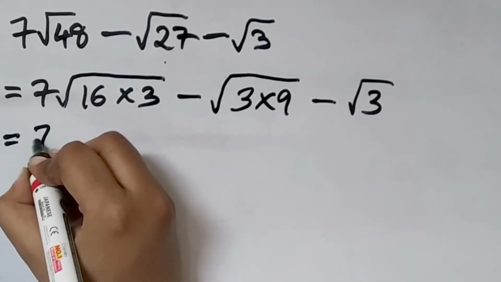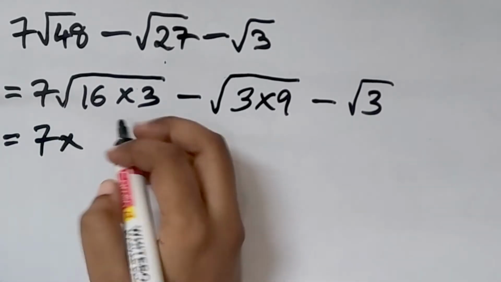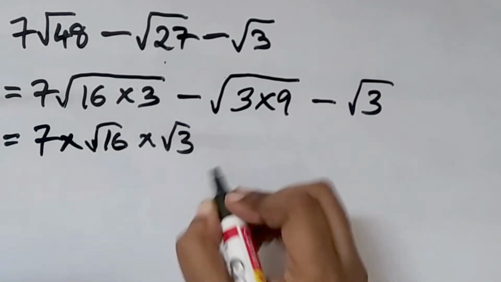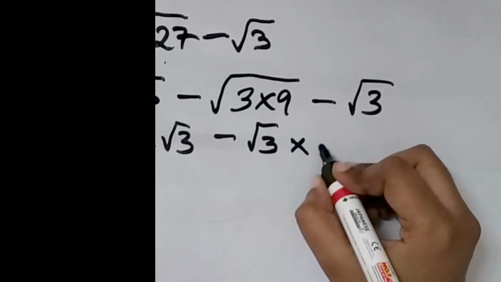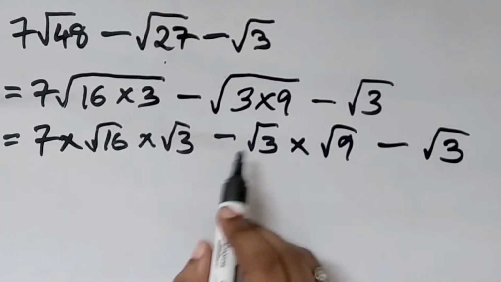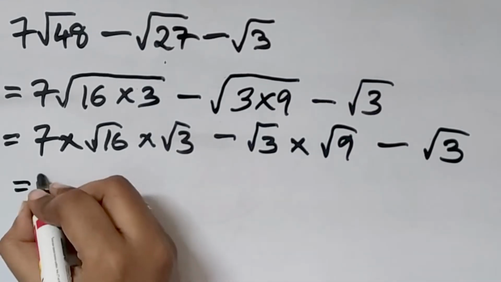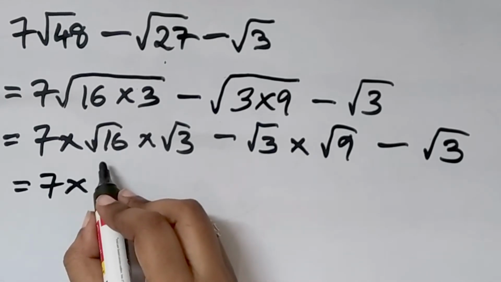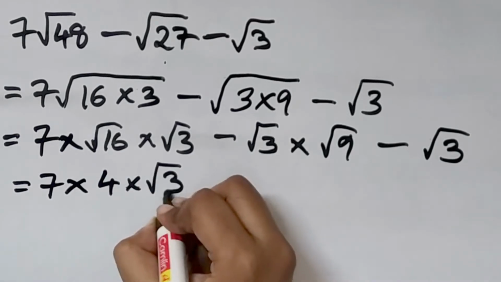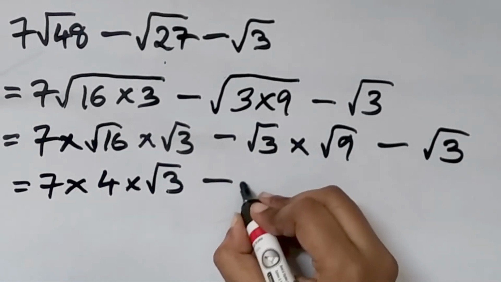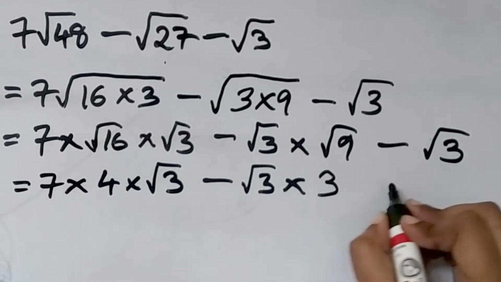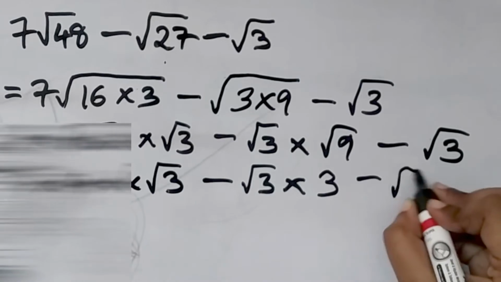This we will write as 7 into root 16 into root 3 minus root 3 into root 9 minus root 3. Which is equal to 7 into root 16, square root of 16 is 4, into root 3, minus root 3 into square root of 9 is 3, minus root 3.